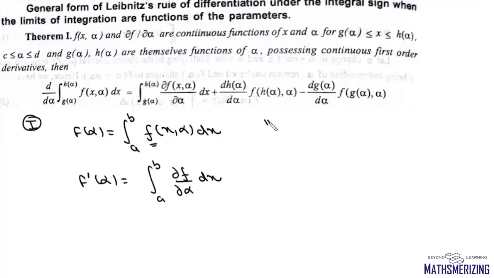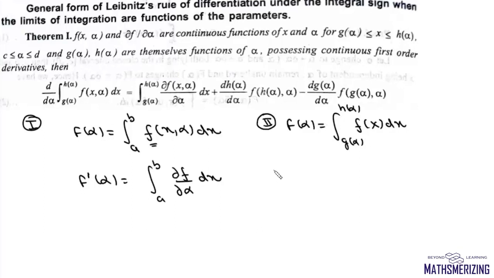Now the second form of the Newton-Leibniz formula is when the limits are variable. Say for example, we have these limits as g alpha and h alpha, but the function inside the integral doesn't have this parameter alpha. Now again, if we solve this, we'll get it as some function of alpha, say f alpha.